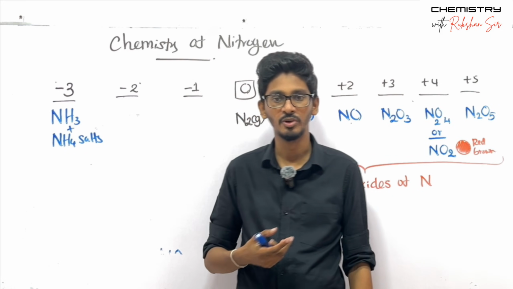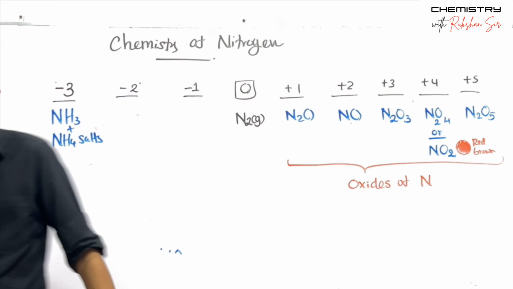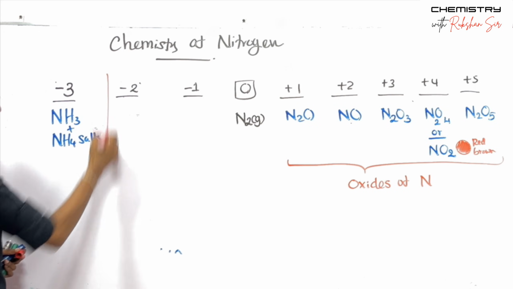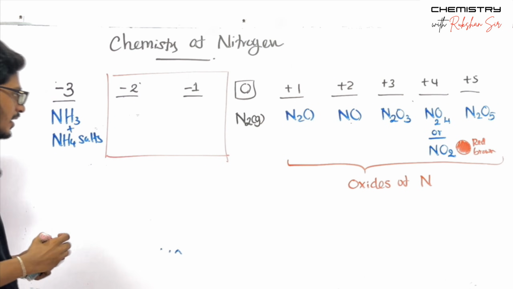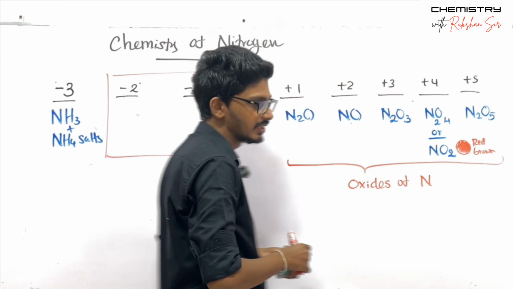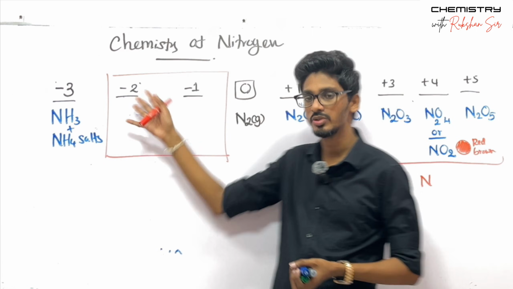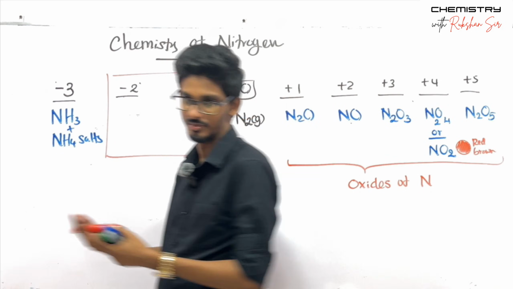Everyone knows ammonia and the ammonium salts. The thing to study is these two: what is the compound which shows the -2 oxidation state, and what is the compound which shows the -1 oxidation state for nitrogen? These are the two to memorize.